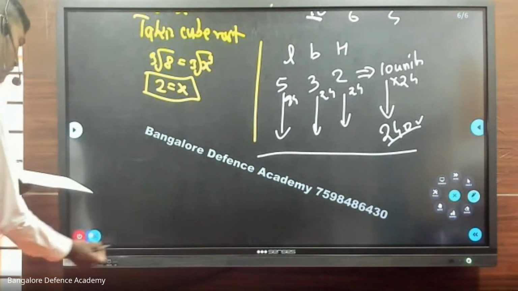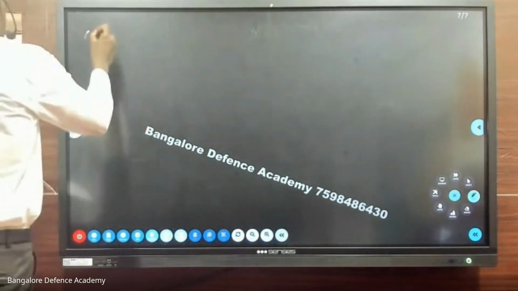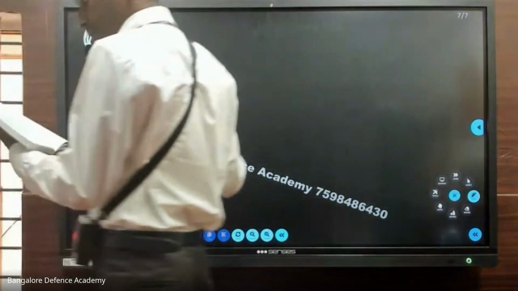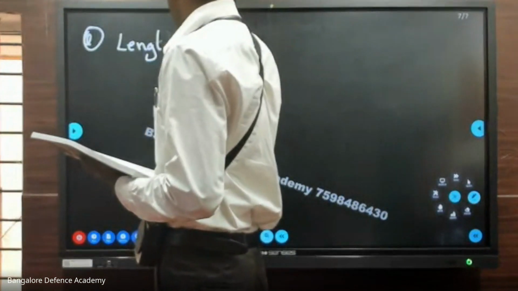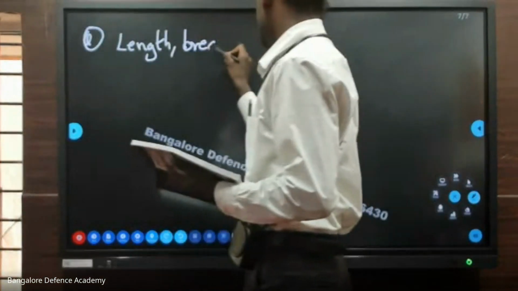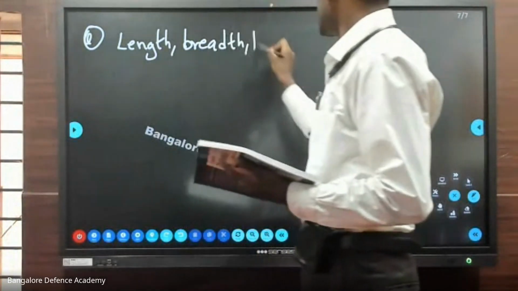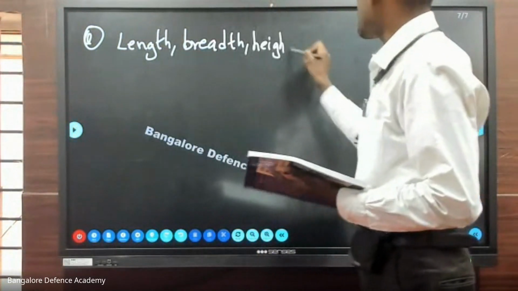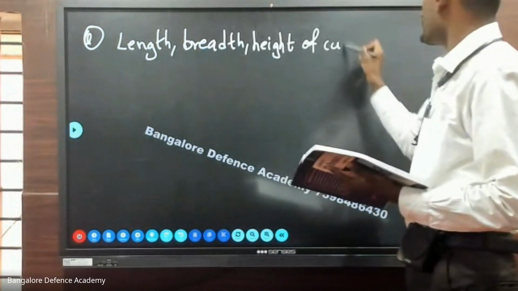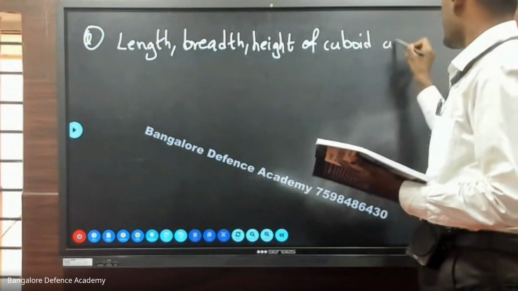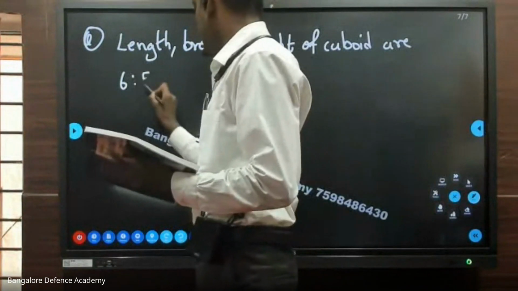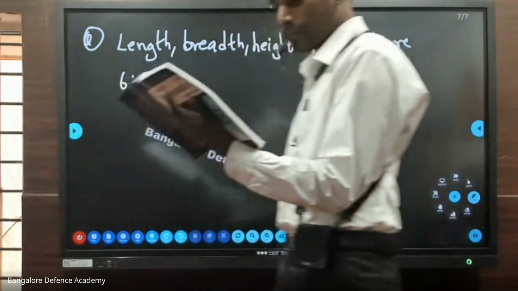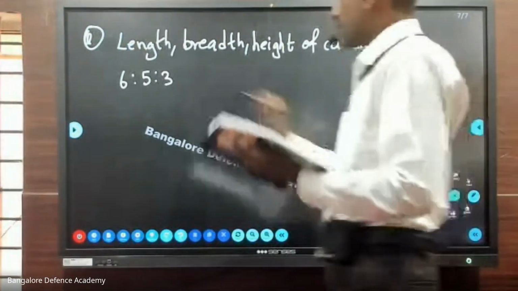Same type of question, ready? Write quickly. The length, breadth and height of a cuboid are in the ratio 6:5:3.